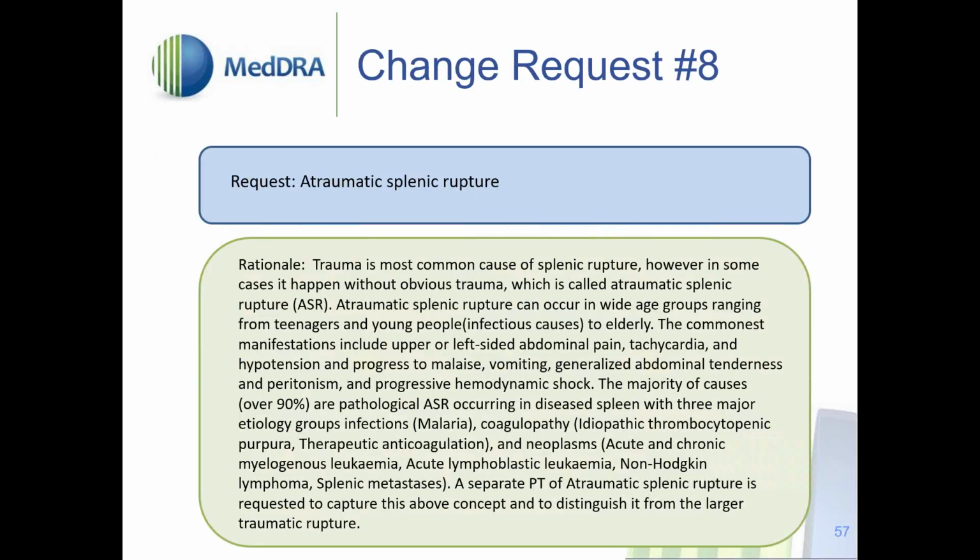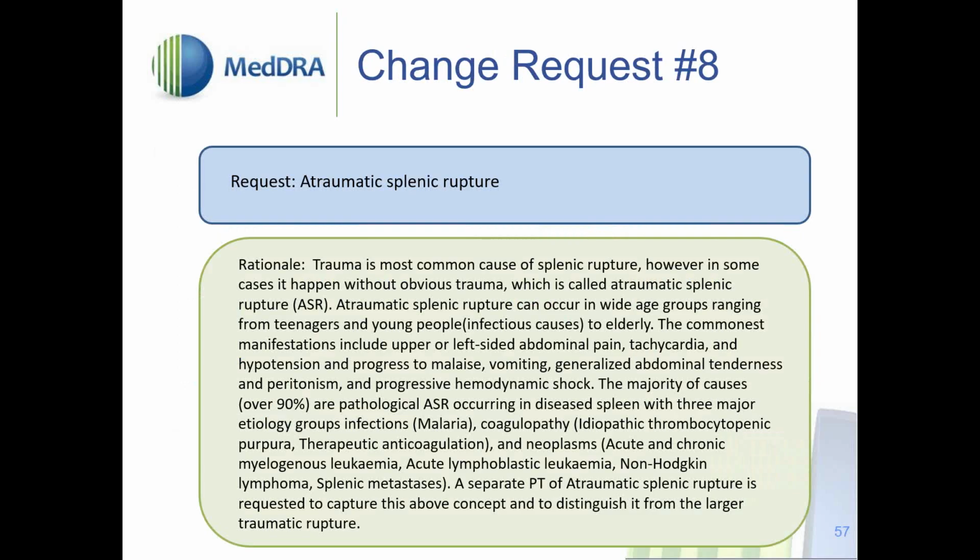Good. So, interesting. Our group differed from us there, and hopefully you've learnt something. The next example is atraumatic splenic rupture, and this is an interesting one because our submitter tells us that trauma is the most common cause of splenic rupture. However, in some cases it can happen without trauma.